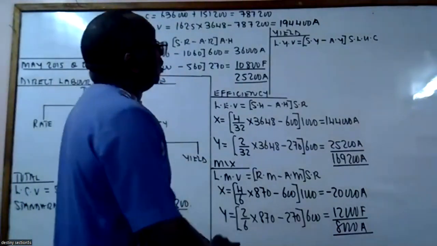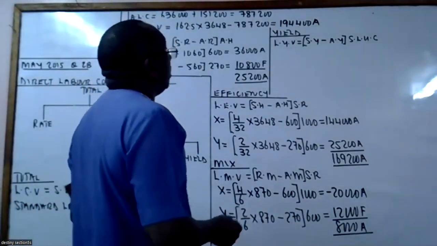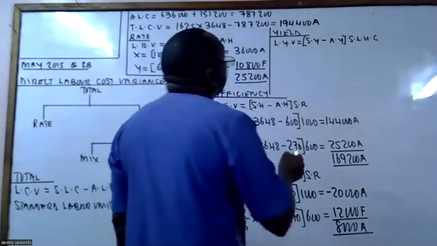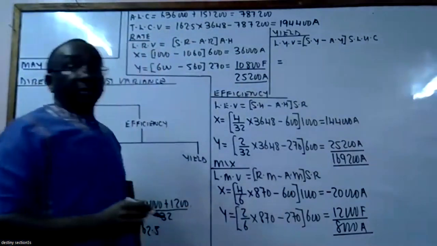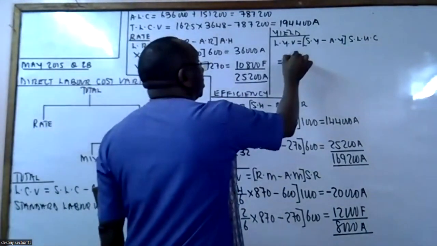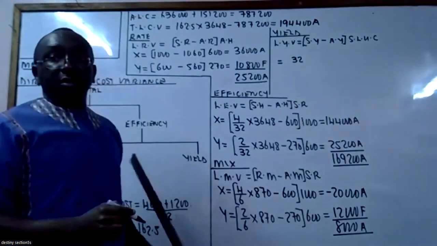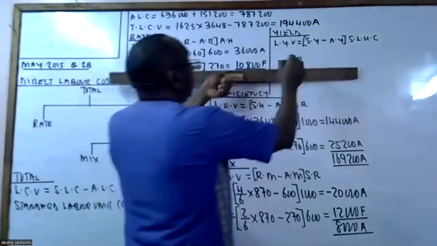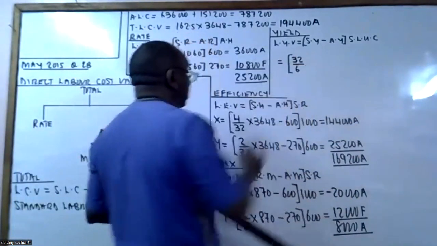So in this case, we have that 2 units as the output. And this one was after we had input 6 hours.